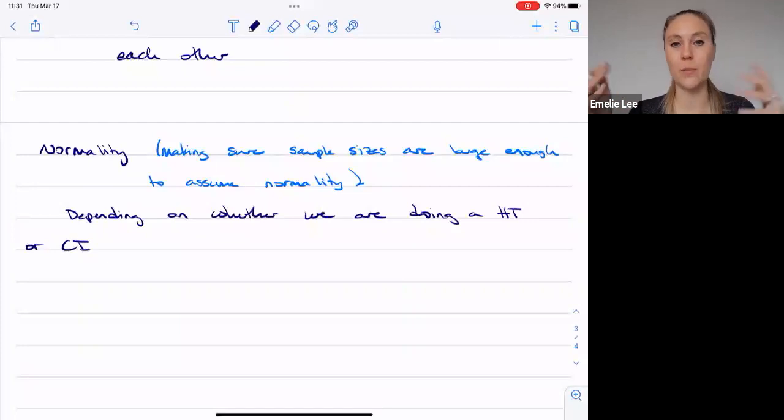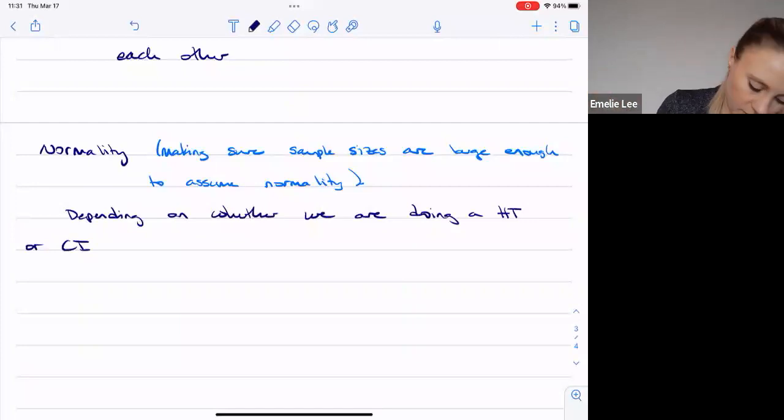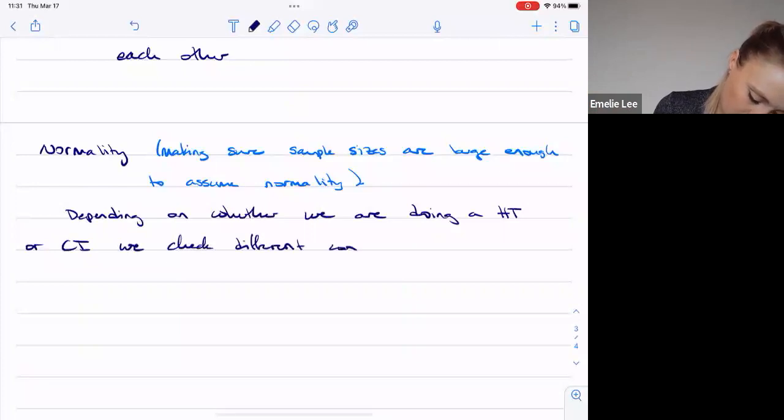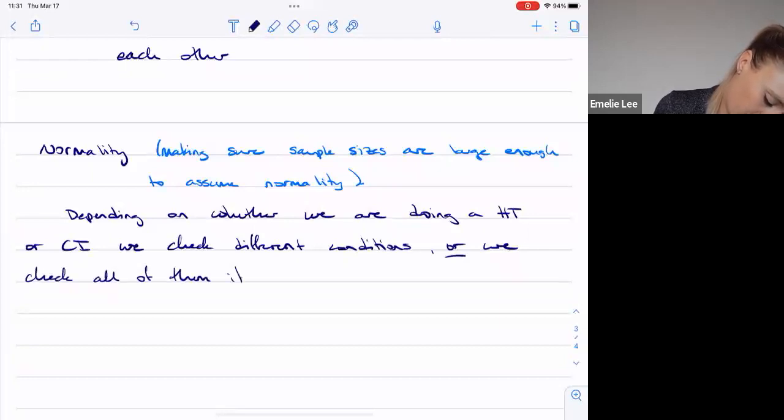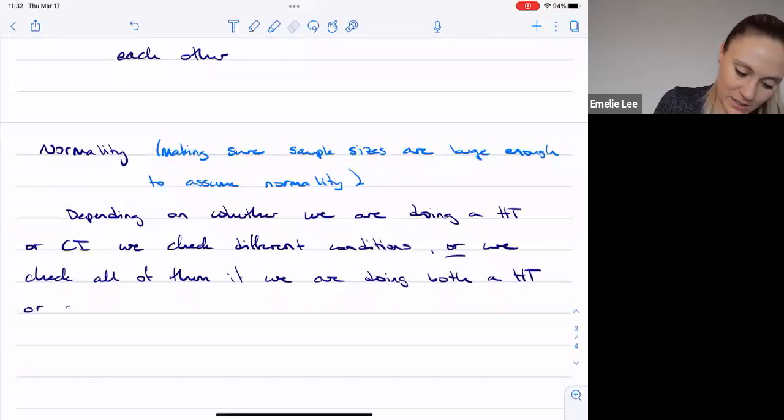Or we check all of them if we are doing both a hypothesis test and a confidence interval, I should say.